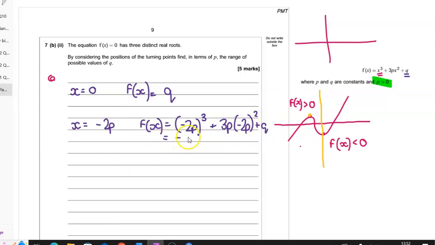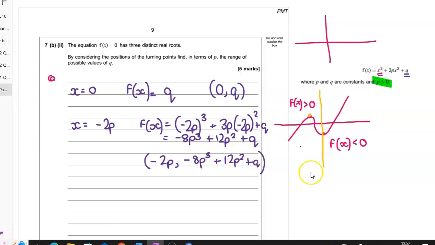So that's minus 8p cubed plus 12p squared plus q. Right, so we've got the coordinates 0, q for one of our turning points, and minus 2p, minus 8p cubed plus 12p squared plus q, this is a mess, isn't it, for the other.